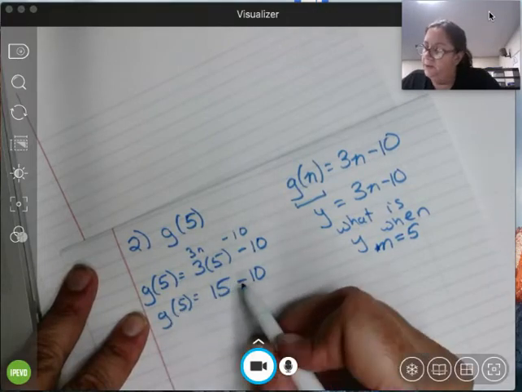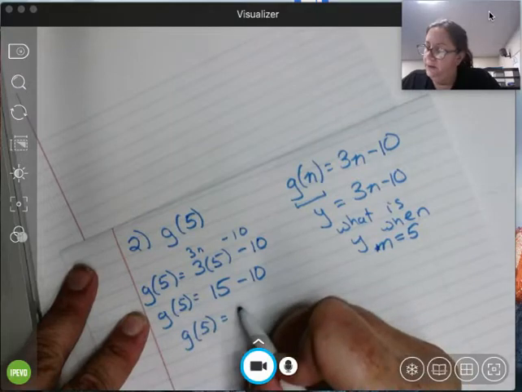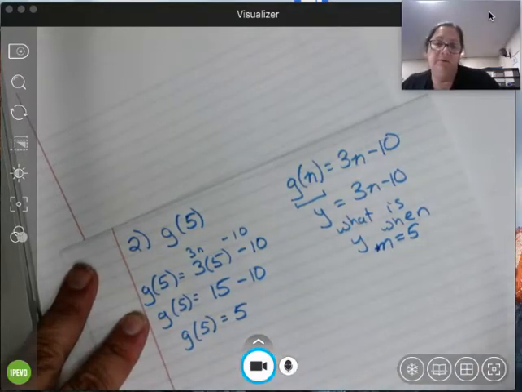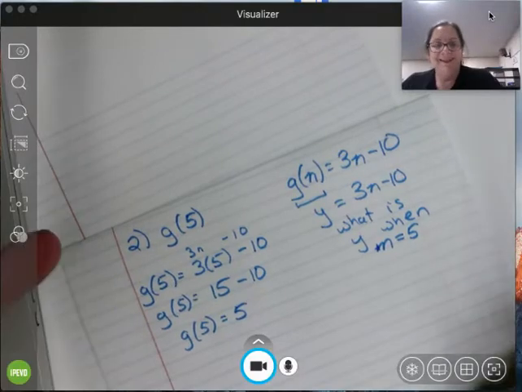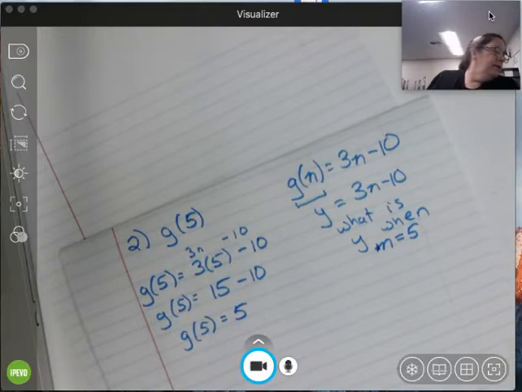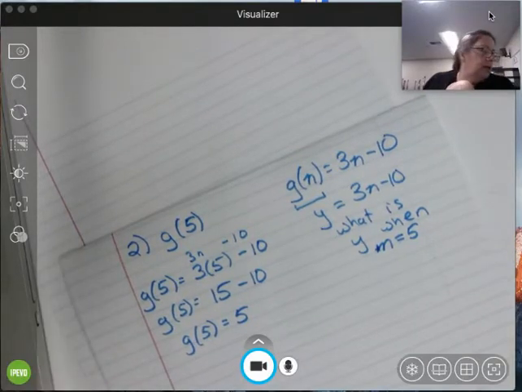G of 5 equals 15 minus 10, so g of 5 equals 5. Oh, that's cool. It's like 5 and 5. That's it. I don't even know if I assigned number 2, but that was a good one to practice on. I think that's enough to get you going there.